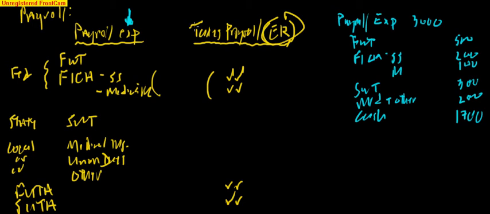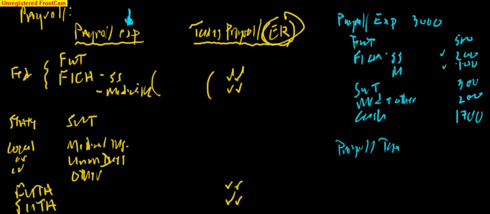But let's look at what an entry would look like to record not the payroll expense, but the taxes. It would look like this: debit payroll taxes expense. And let's just say adding up all those things together, some of it we know what it's going to match. The 200 and the 100 is 300. So the total of this plus this we know is 300 because you're matching that and that, right?